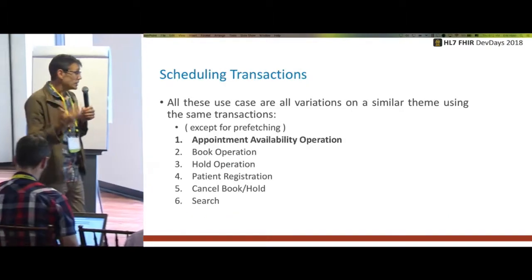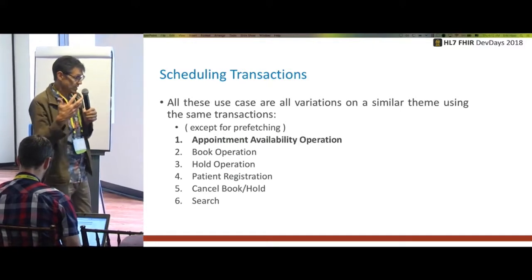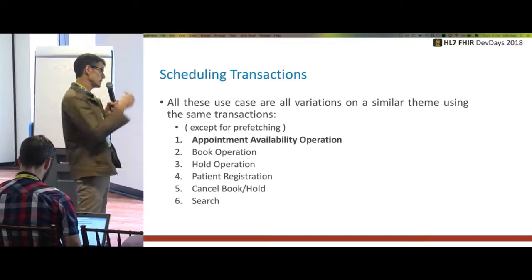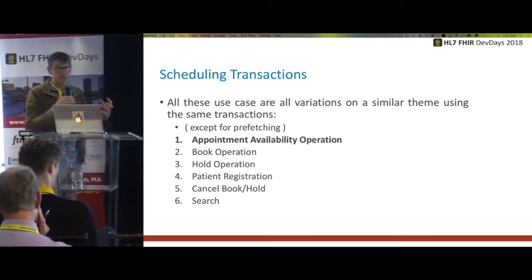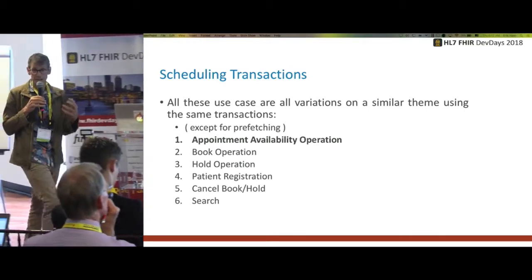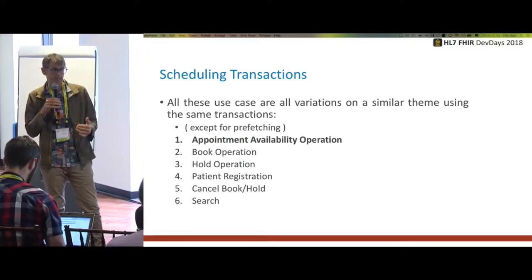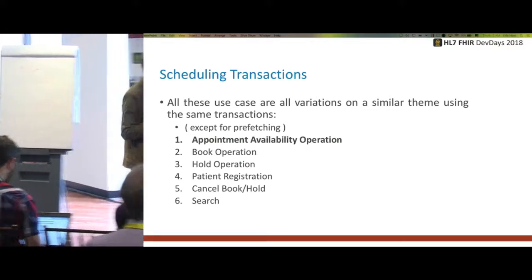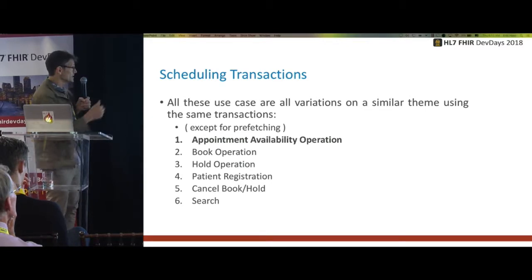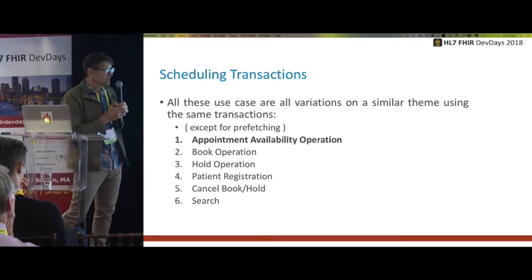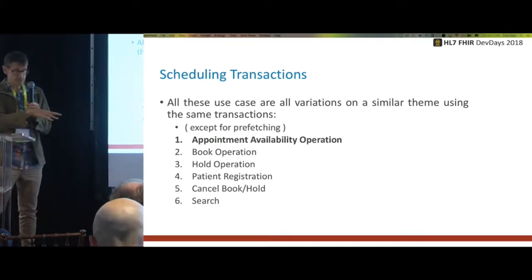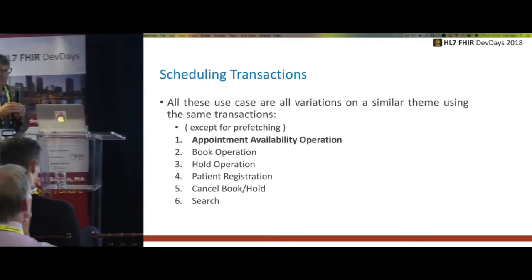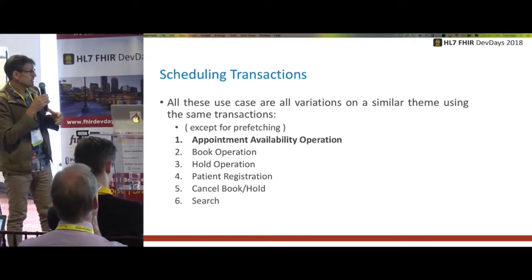And then we had to walk through this. Basically, I'm going to switch over to the IG in a second, but what we have is a series of steps. We walk through each use case step by step, describing the API. My point is that all 6 of these use cases are based on a very similar theme.